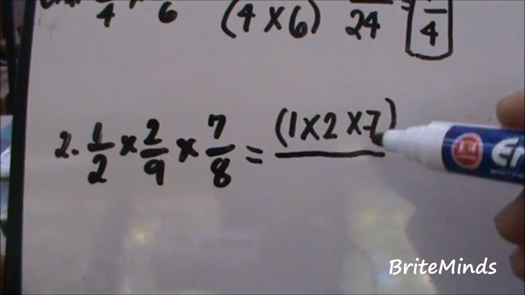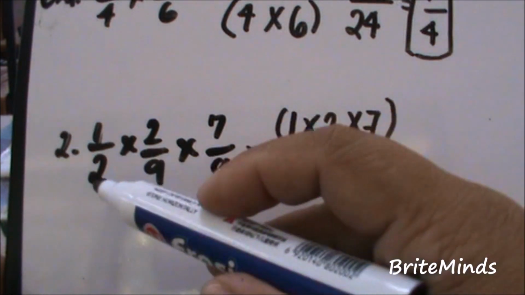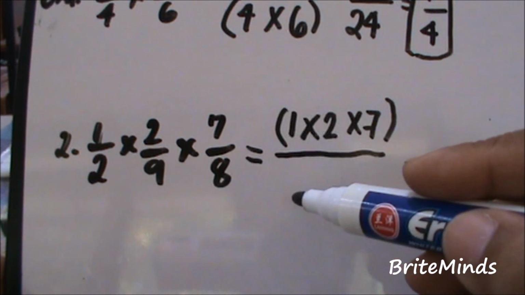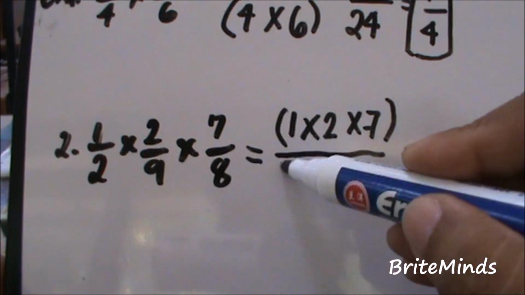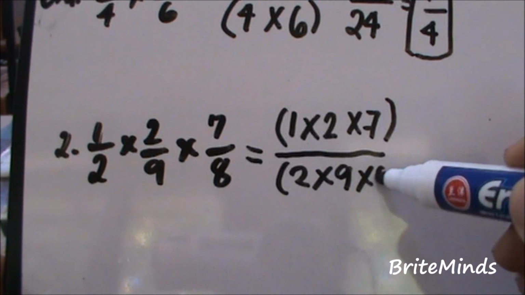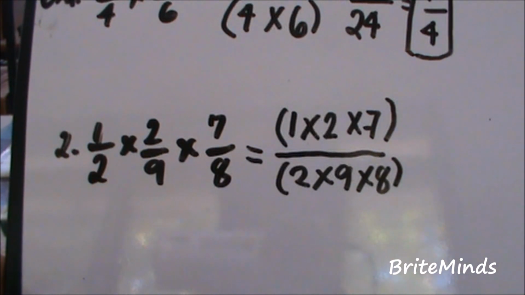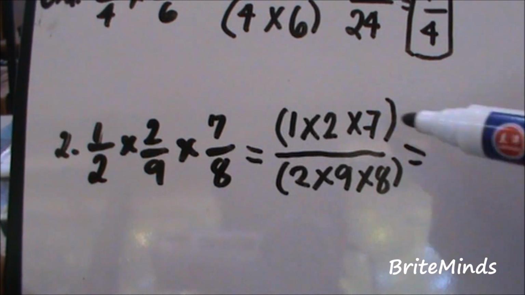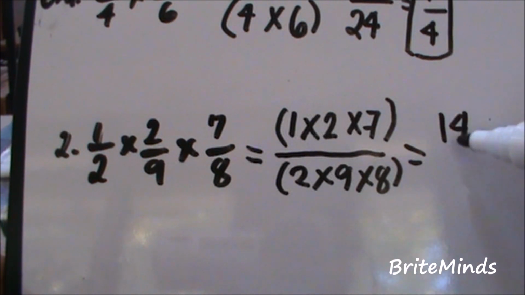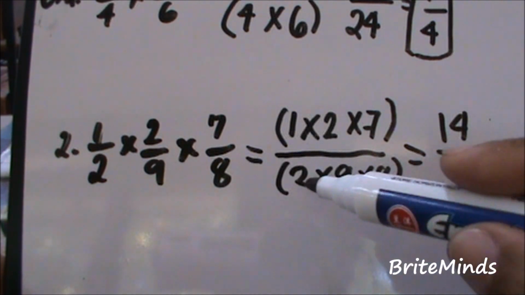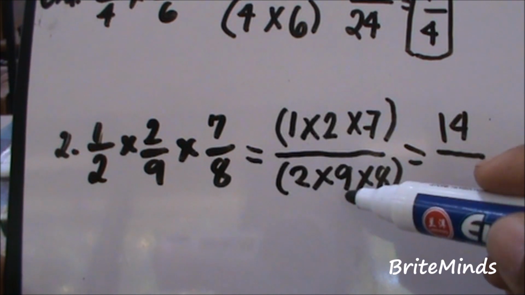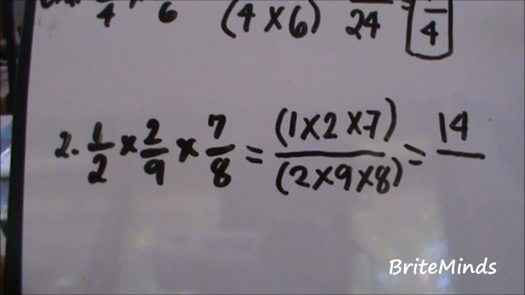And then multiply the denominators of the fractions to obtain the denominator of the product. 2 times 9 times 8. So 1 times 2 is 2, times 7 is 14. And 2 times 9 is 18, times 8 is 144.